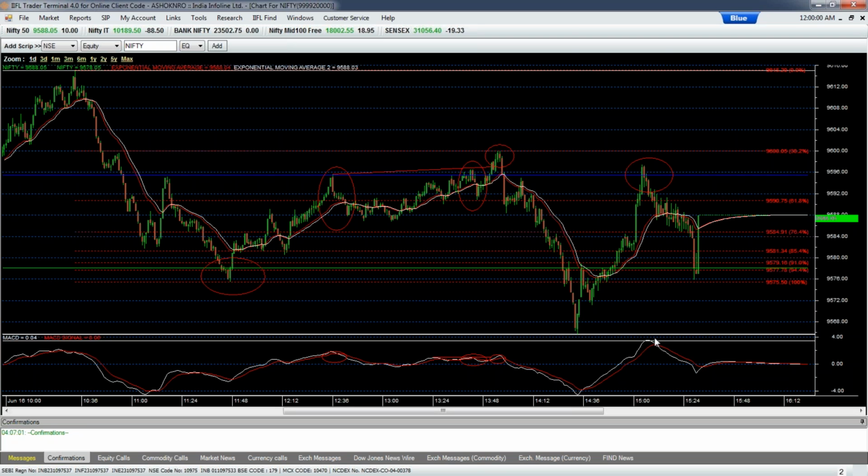Okay, so MACD is making higher highs when the market is making lower highs and lower lows, it means that this is the low and afterwards this is the low. So it is making lower lows and you will not have the confidence for going by the trend.